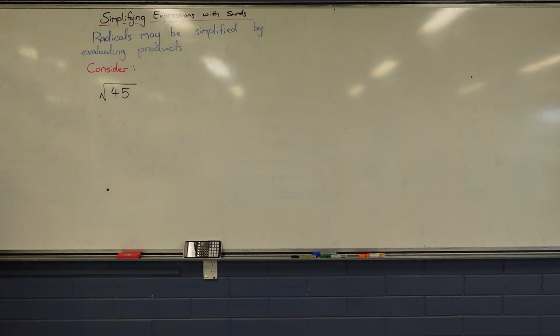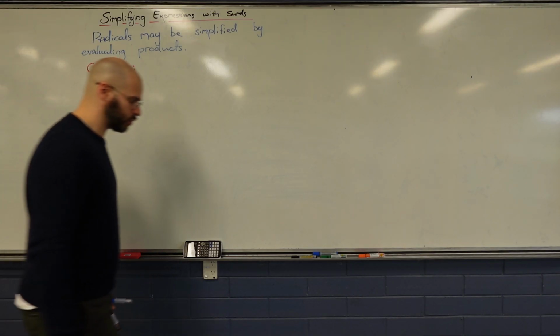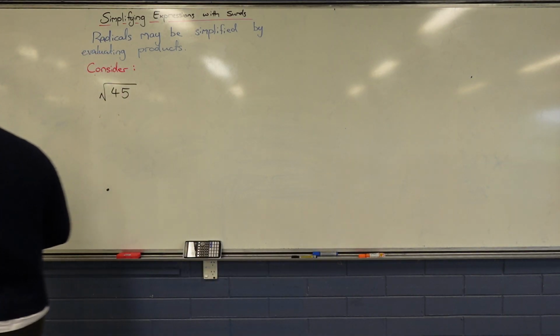Now, think about this. What are our square numbers? What are our prime numbers? 2, 3, 5, 7, 11, 13. Wonderful. So our prime numbers are that. What about our square numbers? What's 1 times 1? 1. What's 2 times 2? 4.